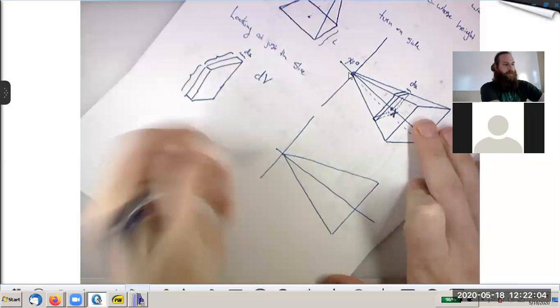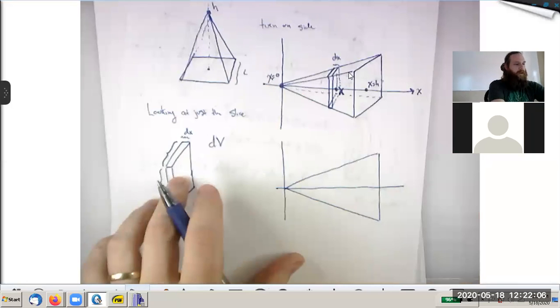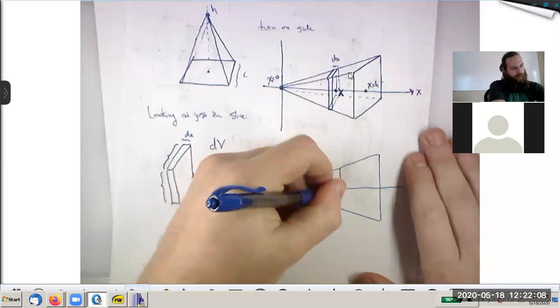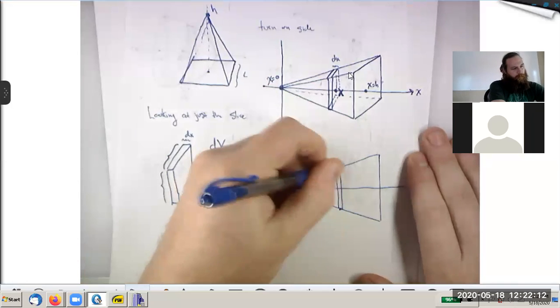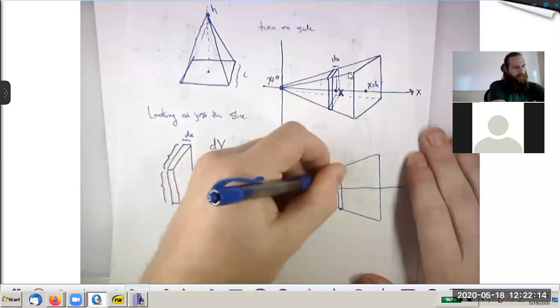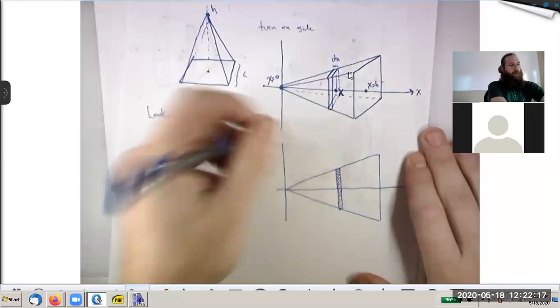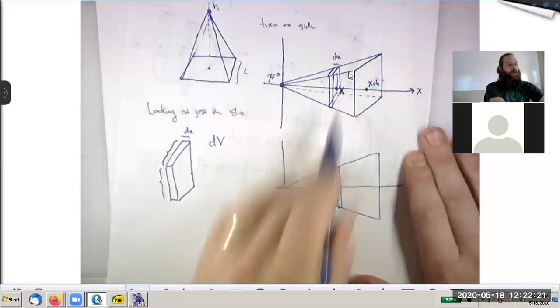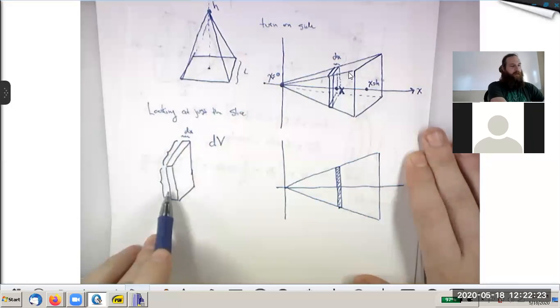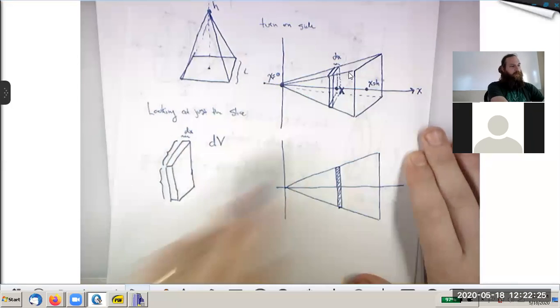Here's where I'm taking my slice. So this is the 3D view of the pyramid. This is the side-on view of that same pyramid. And this is the slice that I've taken out, just viewed on its own.